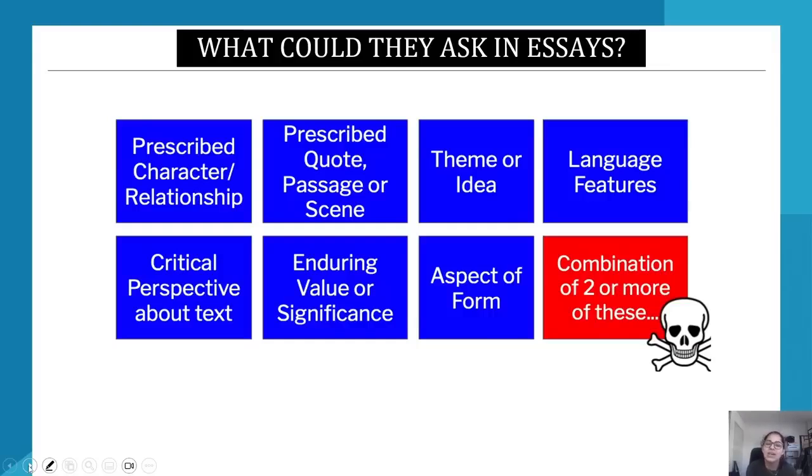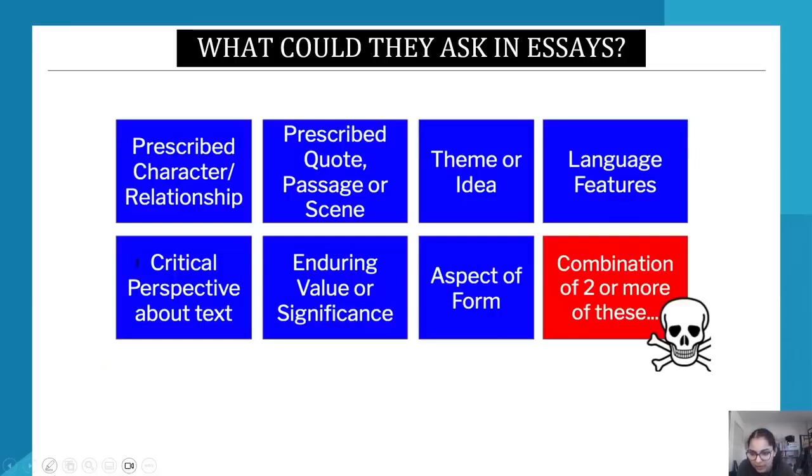My teacher always used to say that the marker can immediately identify from reading your thesis what band your essay is going to go in. They can always tell based on that initial first sentence.